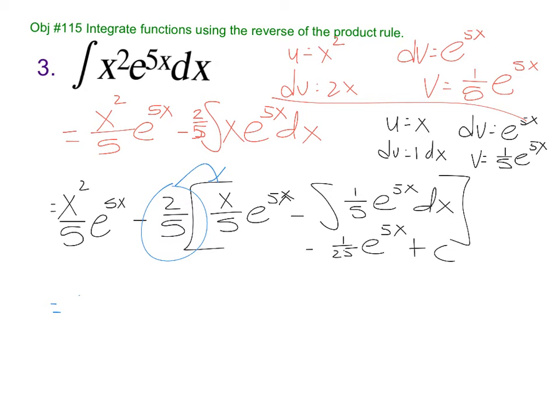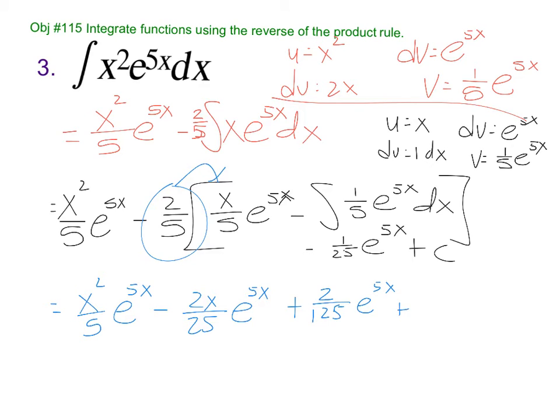So my final answer is x squared over 5 e to the 5x minus 2x over 25 e to the 5x plus 2 over 125 e to the 5x plus, nope, minus 2 over 5 c. Right.